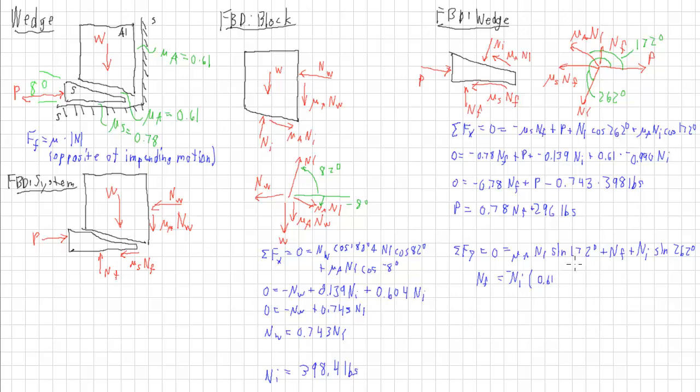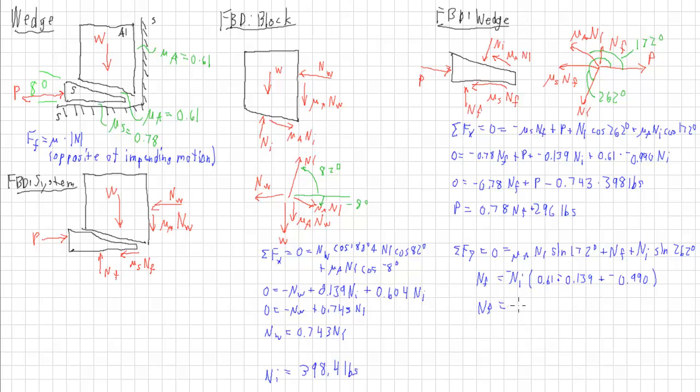The sine of 172 degrees is negative 0.139. You've got to multiply that. And then the sine of 262 degrees is negative 0.990. You'll notice a pattern with a lot of these same sines and cosines at these angles. It's to be expected. And again, Ni is 398 pounds. So we evaluate all that out.